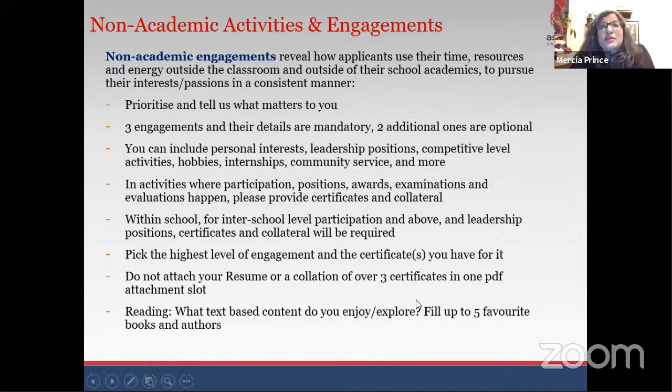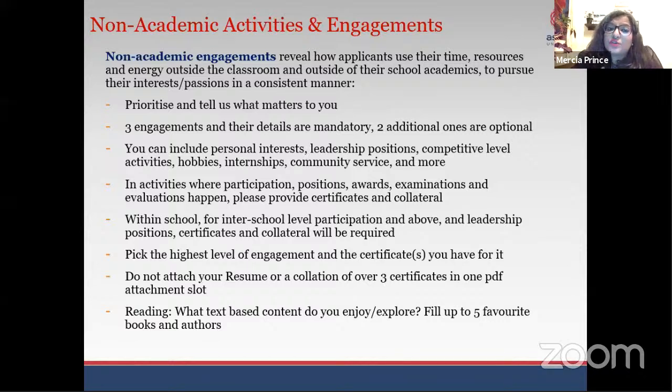Okay, moving on. This section is a very important section for us. In the non-academic activities and engagement section, it reveals how applicants use their time, their resources, and their energy outside the classroom. Outside your school academics or your homework or your exams, outside what is specifically required of you.